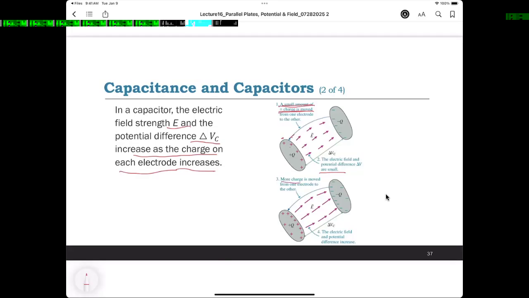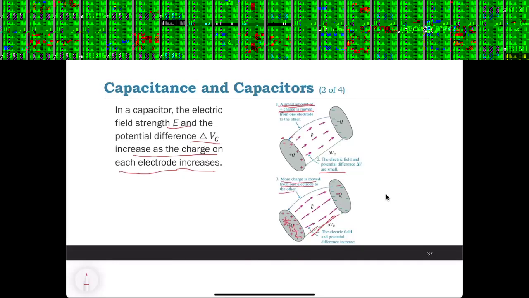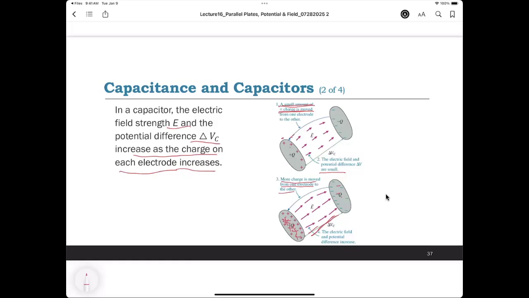And as more charge is moved from one electrode to the other, you can see, add more, add more, the electric field and the potential difference increase. That is just how it increases, because there is more charge. Correspondingly, E equals delta V divided by d, so as delta V increases, E also increases.